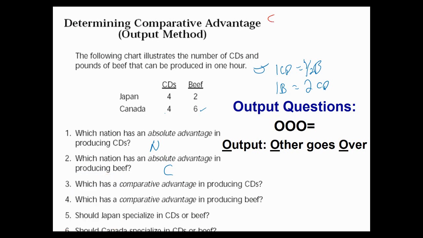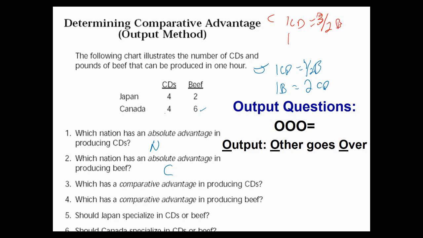Let me use a different color for Canada. So for Canada, for 1 CD, we say other, over. So 6/4, which is 3/2, right? So 3/2 of beef.